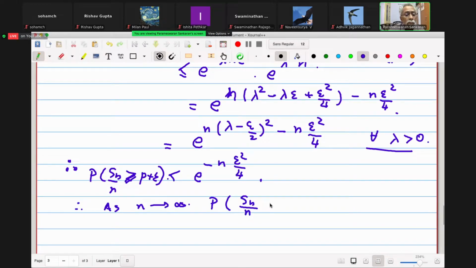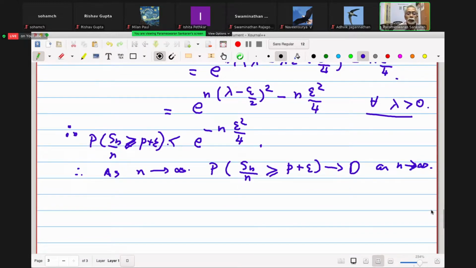Epsilon is still the same, bigger than or equal to p plus epsilon, goes to 0, because epsilon is a positive quantity, epsilon square anyway is a positive quantity, minus n. So if n goes to plus infinity, minus n goes to negative infinity, and exponential of something very large negative goes to 0 as n goes to infinity. That's it.